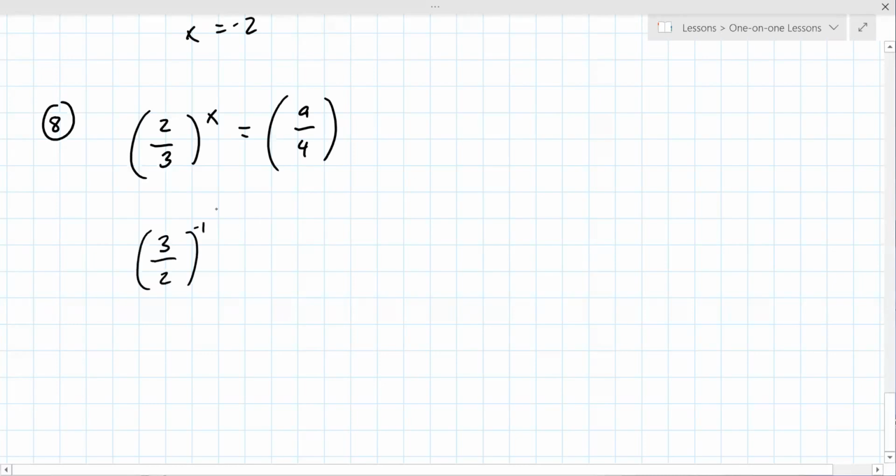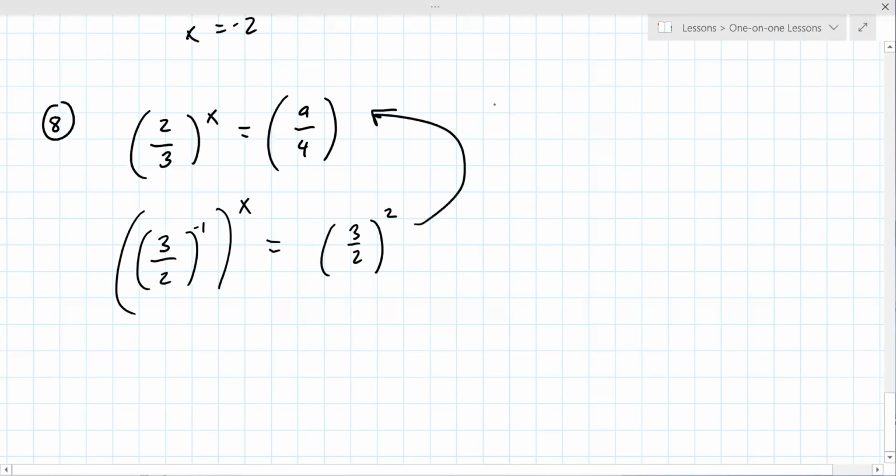Okay. And you can get 9/4 to be 3/2 to the power of 2. Wait, wouldn't it be like 3 squared over 2 squared? It is, yeah, but that's going backwards. 3 squared over 2 squared gets you back to that. You're trying to get the exponents equal, so you have to have the bases the same.